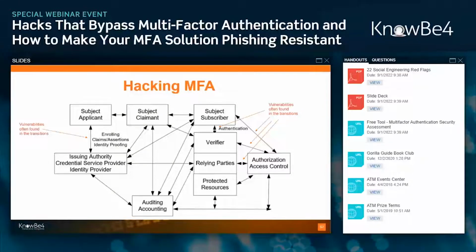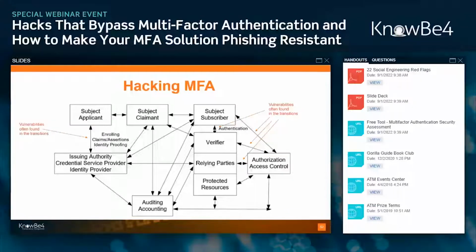This is kind of technicalese for, hey, there's a lot of different interactions going on with any authentication transaction. And hackers will many times look for vulnerabilities between these different parts. Again, oftentimes focusing on the end user, but many times, like when we're hacking around a multi-factor authentication solution, we're not really even hacking the technology.